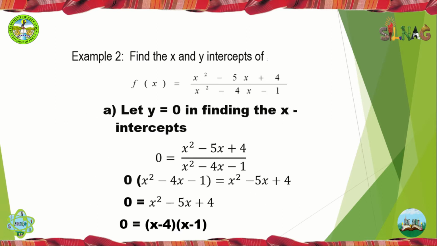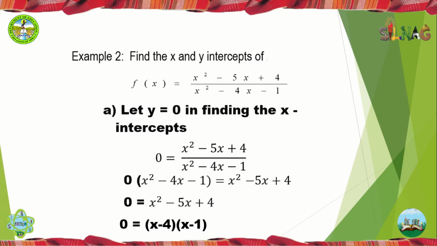Let us have our example number 2. Find the x and y-intercepts of f of x equals x squared minus 5x plus 4 over x squared minus 4x minus 1. So we have the first step. We let y equal to 0 in finding the x-intercepts.